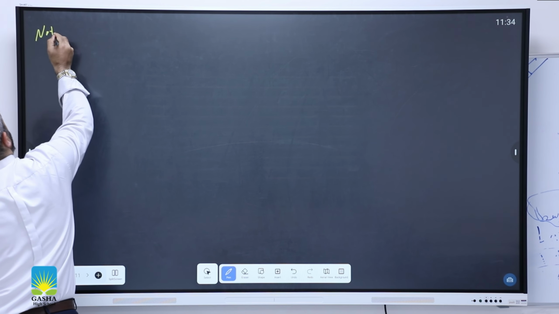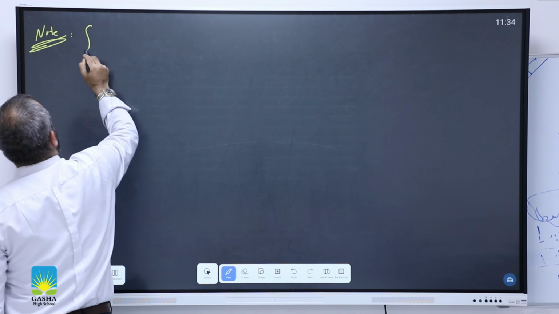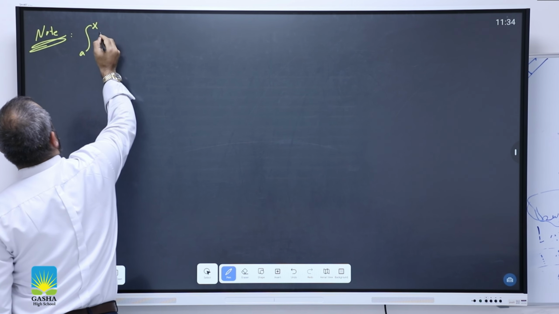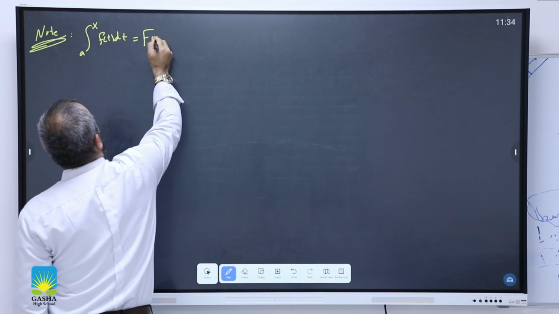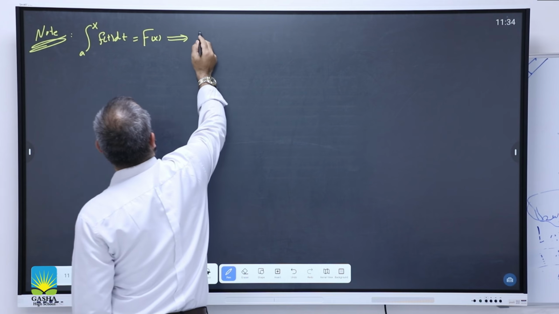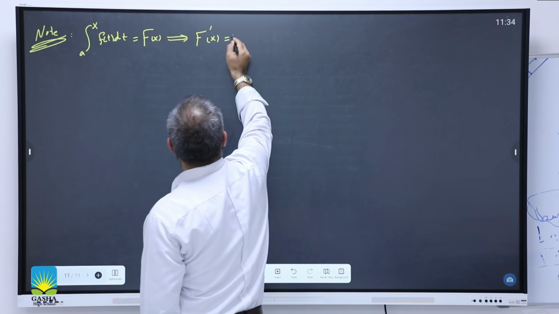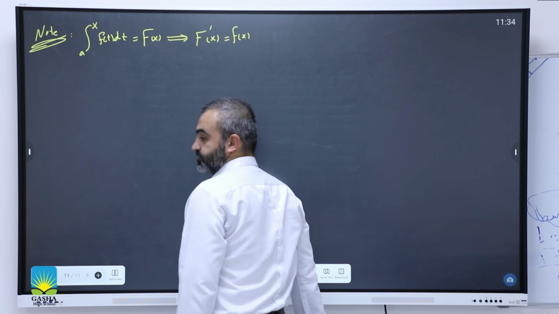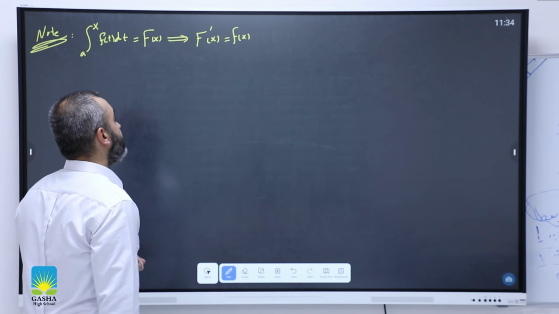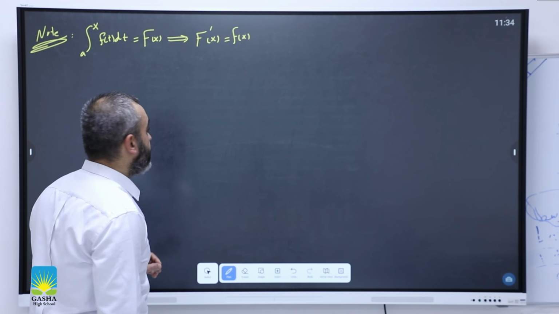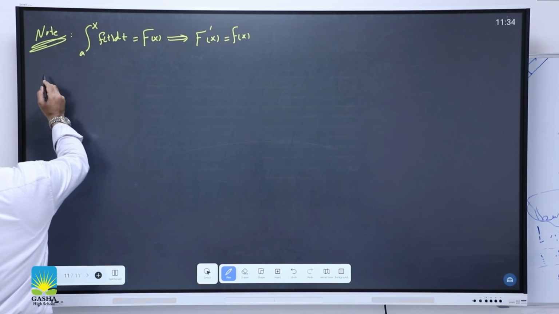Note the derivative of the integral from a to x of f of t dt equal to f of x. So what is the derivative about the function? So the derivative is f of x. It's very, very easy. It's the easiest idea about the definite integral.